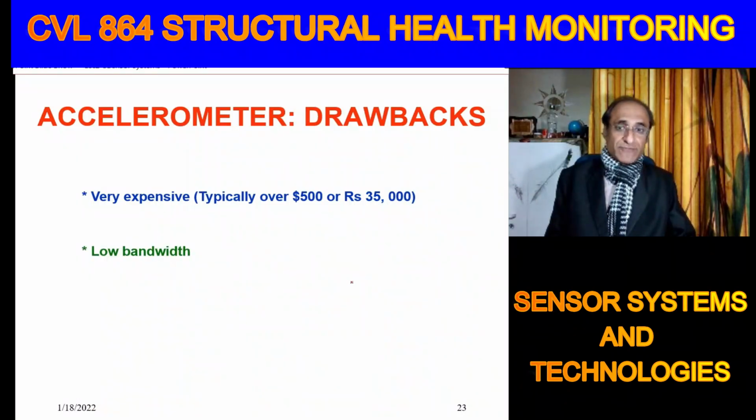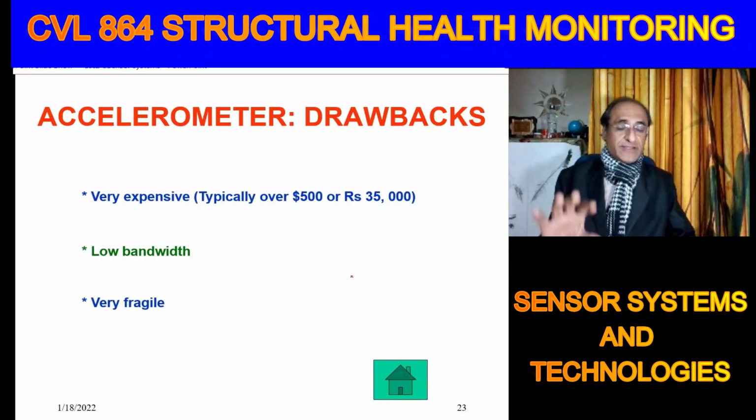Then they have a low bandwidth, as we have seen, because the frequency to be measured should be low compared to the limiting natural frequency of the accelerometer assembly. Then they are very fragile. Even if they drop from a height, they would malfunction.